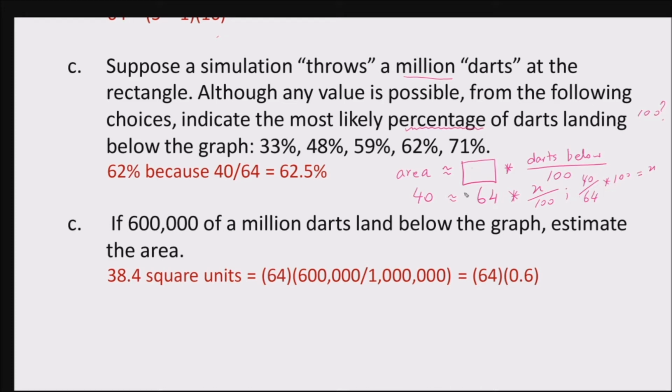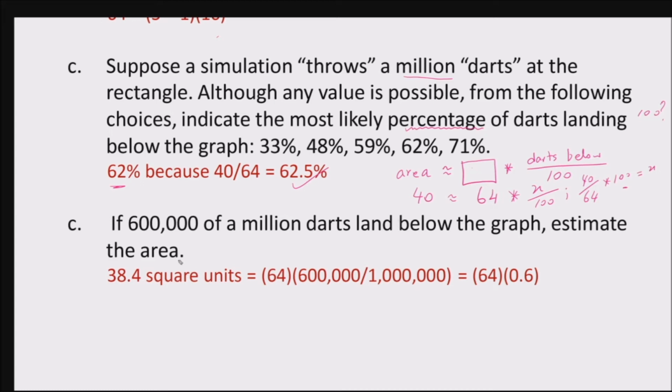This is equivalent to 62, and you put a percent because I just calculated for 100. That's what the percentage means. This is the actual calculation for the percentages. If instead you say 1000 darts, to calculate the percentage, you still just use 100. So this is the answer for that.